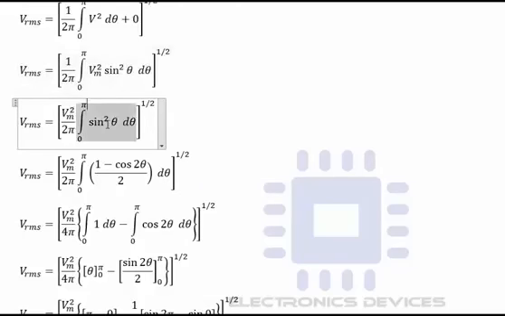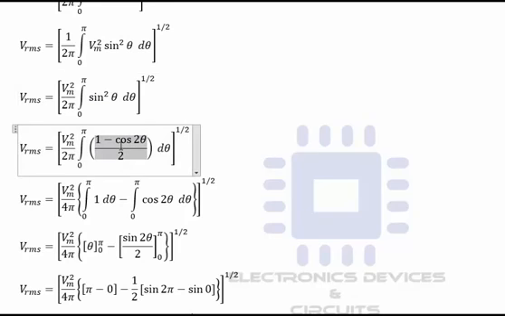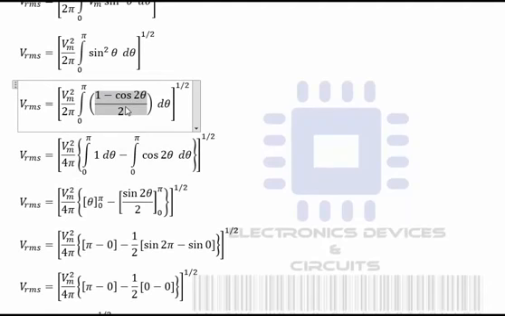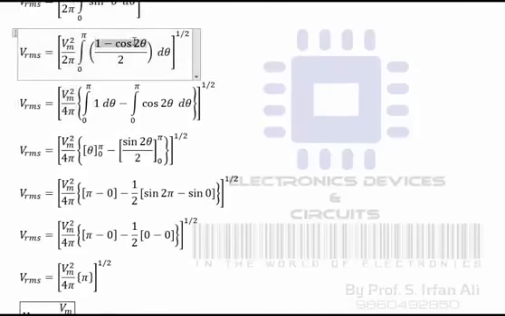Here we have the integration of sin square theta d theta, and we cannot solve the integration unless we remove the square sign, so the equivalent of sin square theta is 1 minus cos 2 theta by 2. From this we can take the 2 to the left hand side to make it 4, and the bracket 1 minus cos 2 theta has a minus sign, so the integration will be split into two parts.